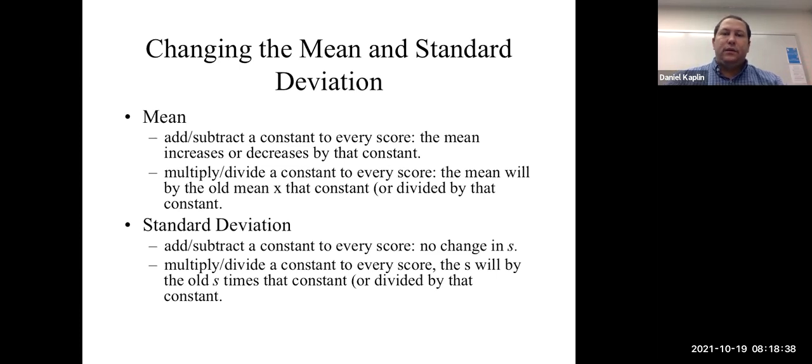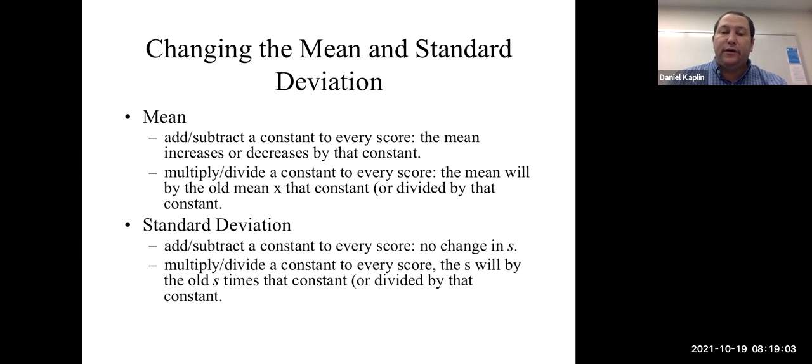Now, here are some general rules or principles similar to what we talked about in our first lecture, right? When we get the mean, remember, if you add or subtract by a constant, the mean increases or decreases by a constant. That we said in our fourth lecture and was evident in our first lecture's rules.